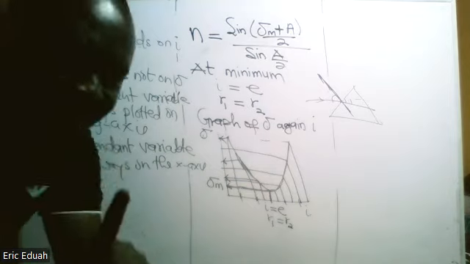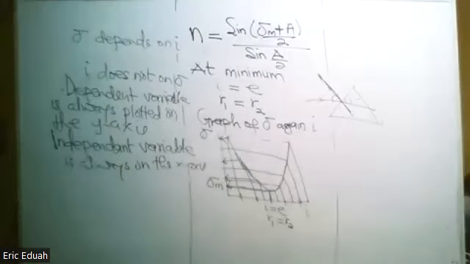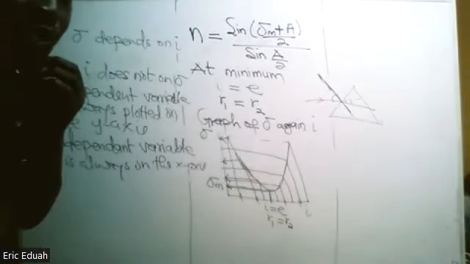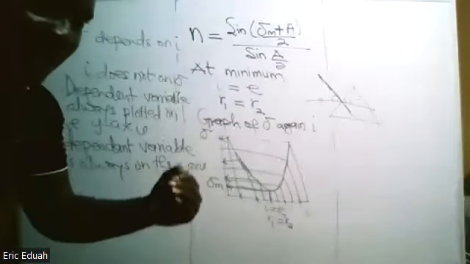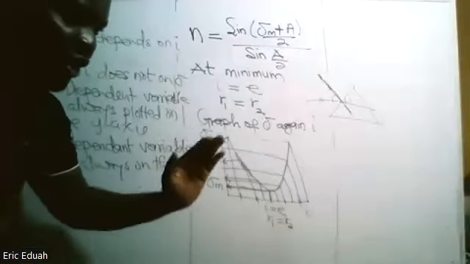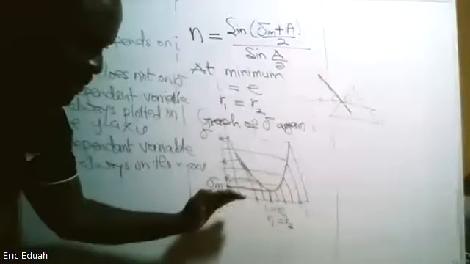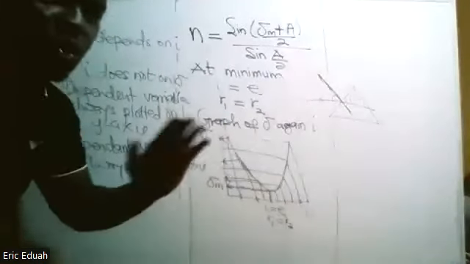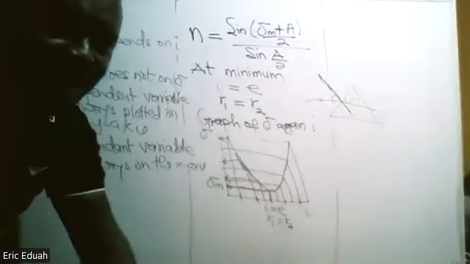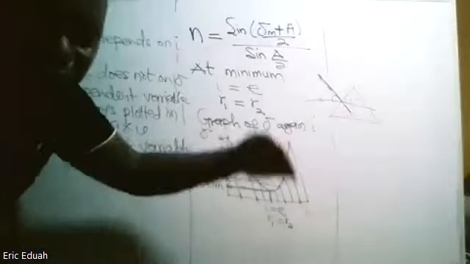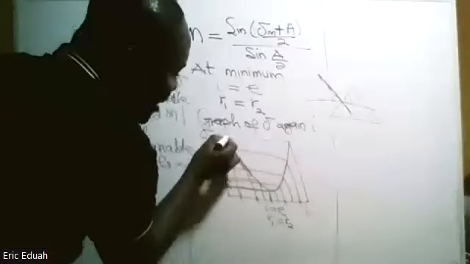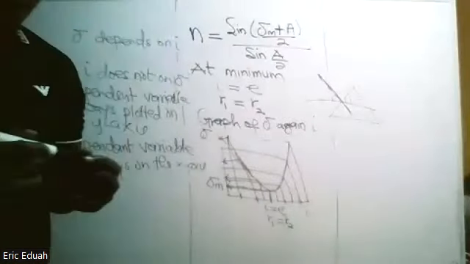So it obeys the theory we learned that as we increase the angle of incidence gradually, the angle of deviation would decrease, but only to a certain minimum value. From there, as we increase I, sigma begins to increase. So the graph is in line with the theory.